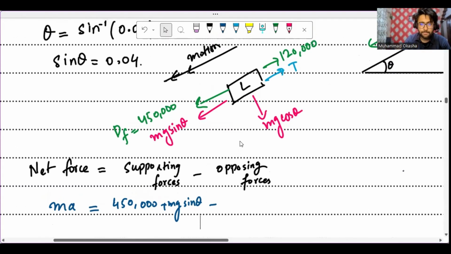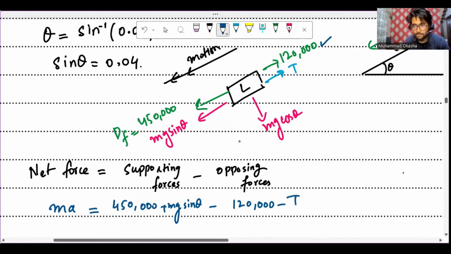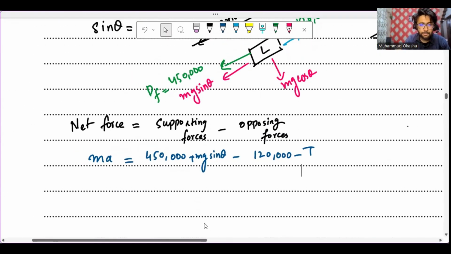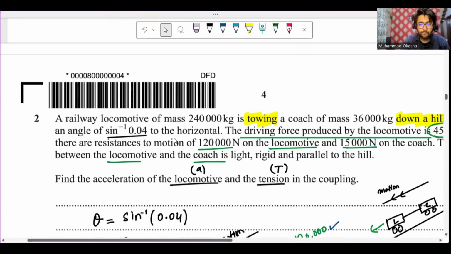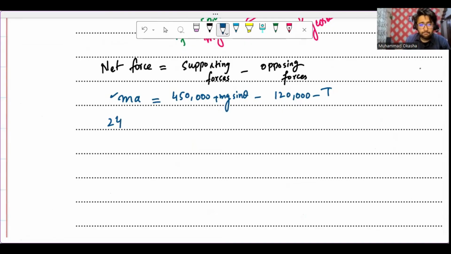What are the opposing forces? There are two opposing forces. One of them is friction to the motion, that's given, 120,000. And tension is also opposite. The direction of tension is also opposite to the direction of motion. Let's put in the numbers. What's the mass of the locomotive? The mass of the locomotive is 240,000. Big numbers, 240,000.